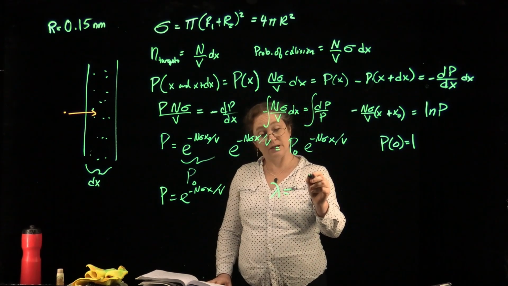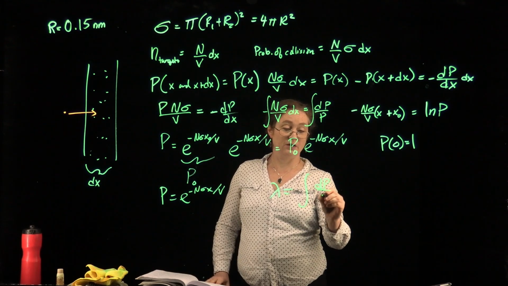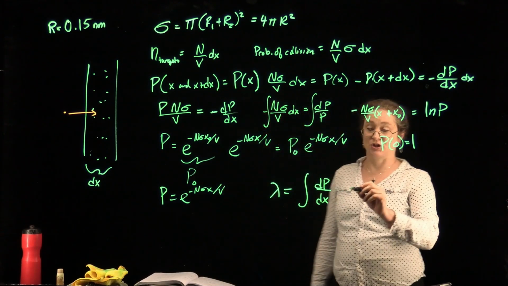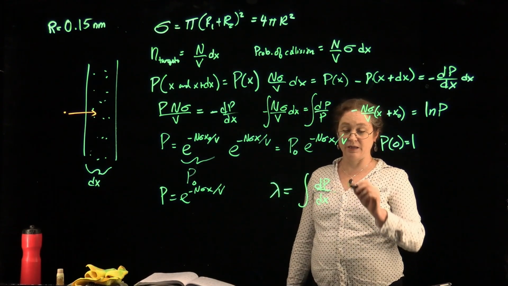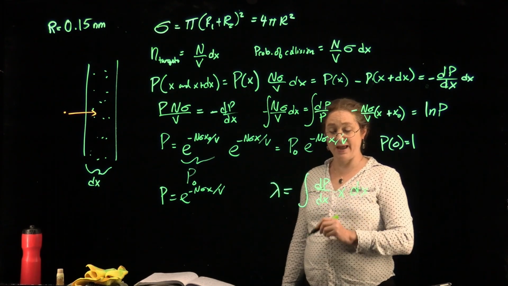I want to take the probability per unit x of an interaction, multiply it by x, and integrate over all x.